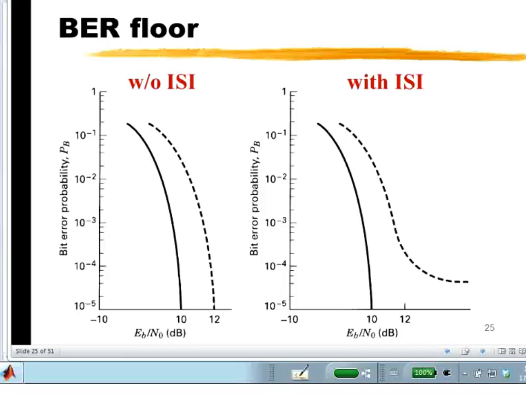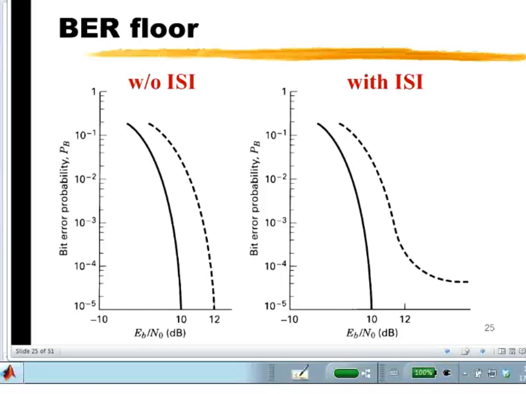And even if I add more signal-to-noise ratio, if the noise is fixed by adding more signal power, I cannot infinitely climb down the bit error rate value just by increasing SNR, which is what I can do for the waterfall curve. I can always get better performance, go down to any bit error rate I want by simply increasing the signal-to-noise ratio. But with intersymbol interference, of course, I can't.